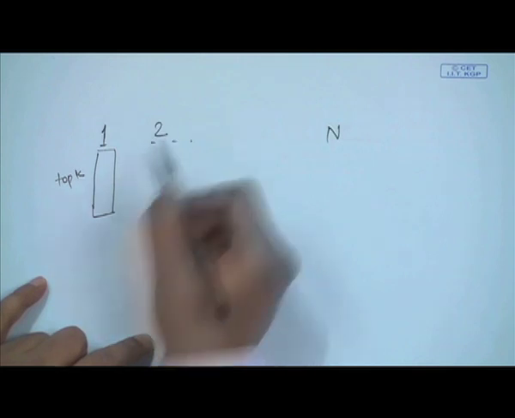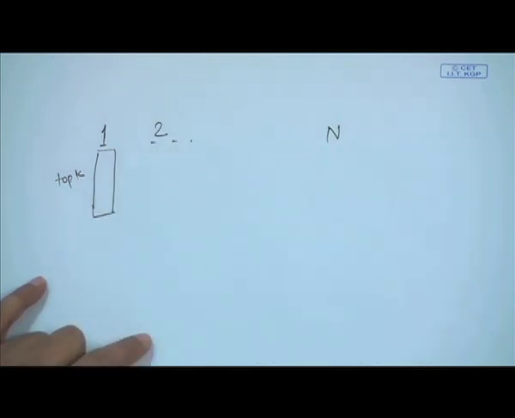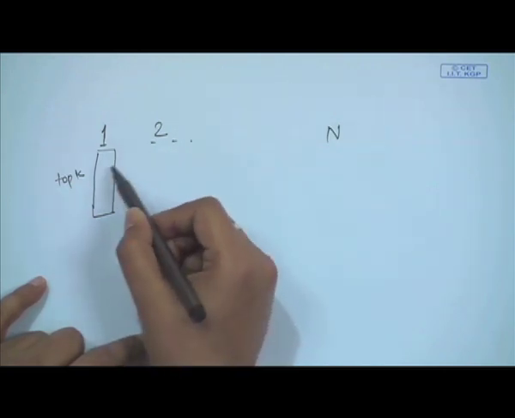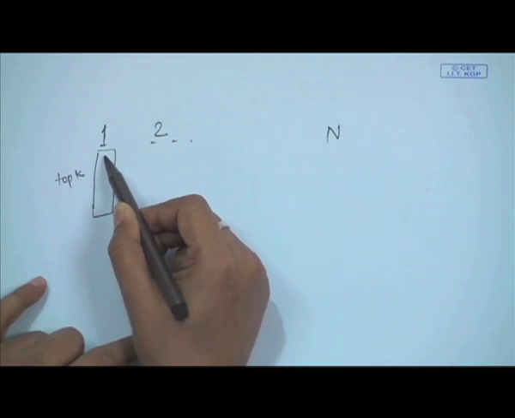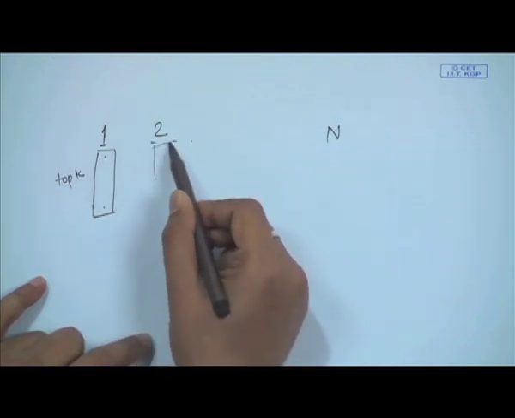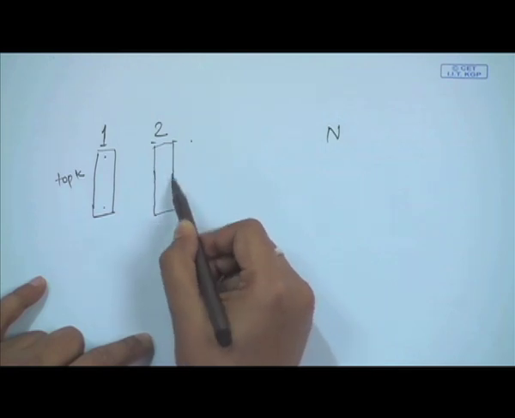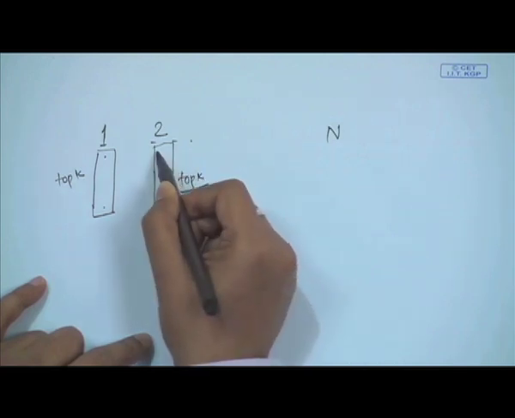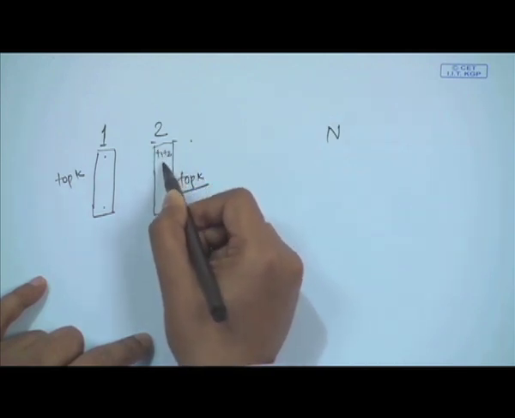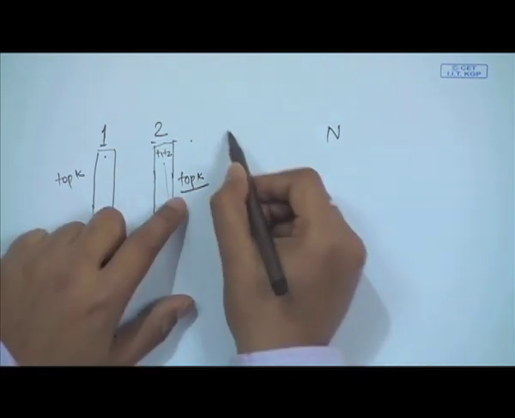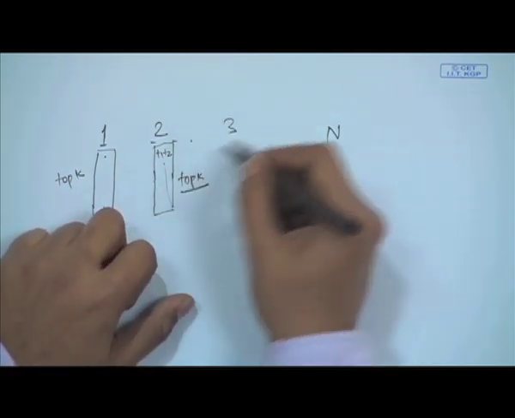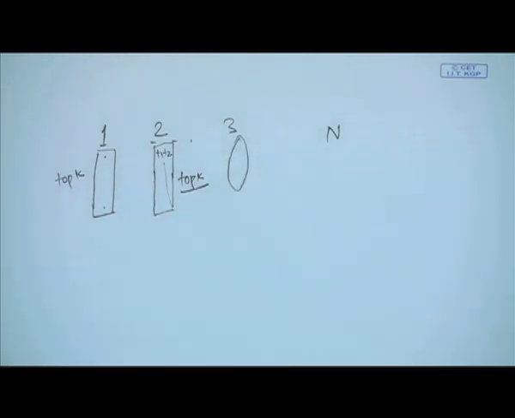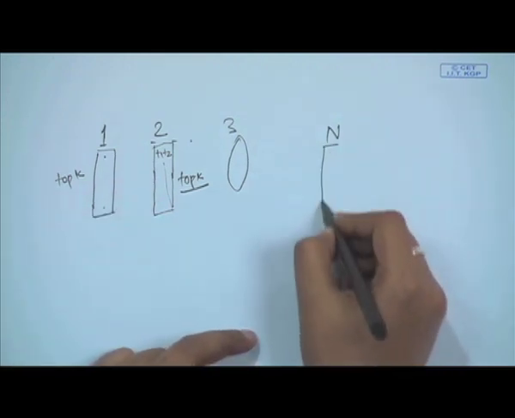Now when I go to position 2, there might be some other possibilities of part of speech tags. So I will find out the probability of each of these k with all possible part of speech tags here, and store the top k sequences again. Again at 3 I will have some possibilities, top k times these possibilities, and again store only the top k out of those, and you keep on doing that until you reach the end.